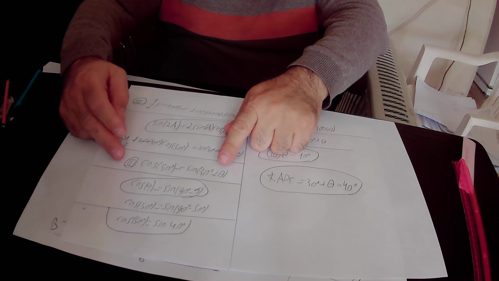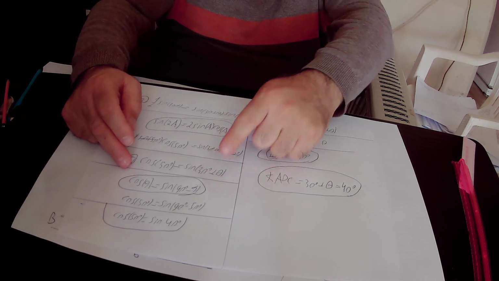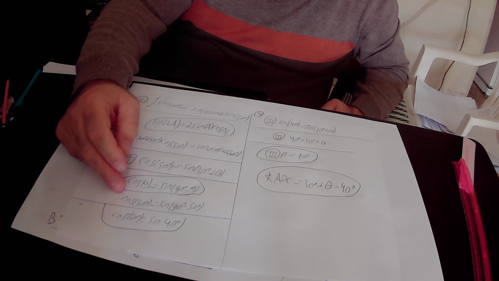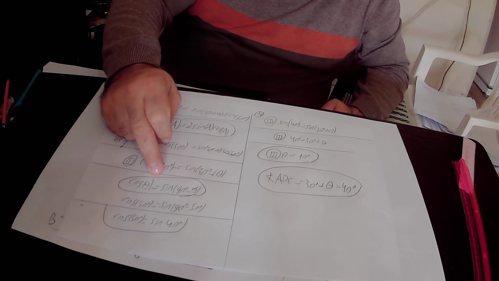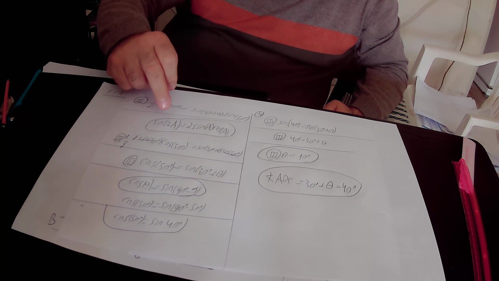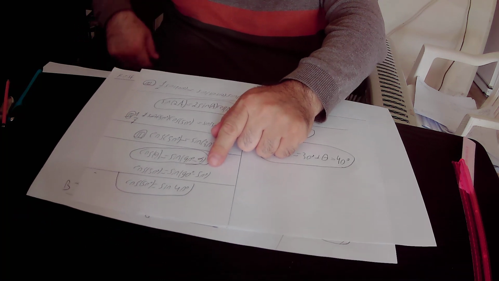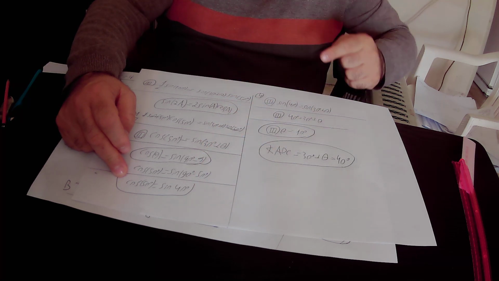According to the trigonometric identity that cosine alpha equals sine (90 degrees minus alpha), the value of cosine 50 degrees equals sine (90 degrees minus 50 degrees). 90 degrees minus 50 degrees is 40 degrees, so cosine 50 degrees equals sine 40 degrees.